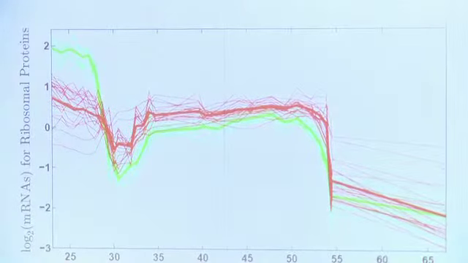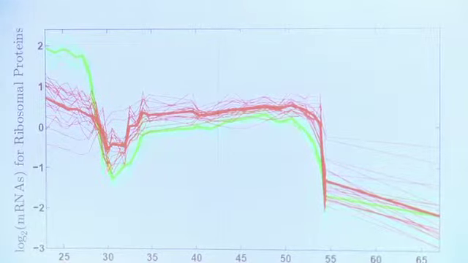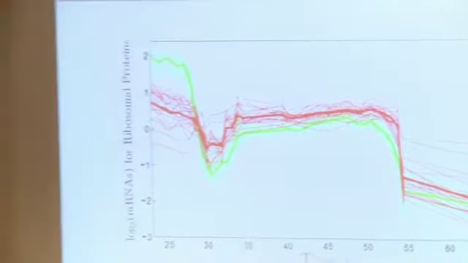And here I'm showing the data for the large ribosomal proteins that they have color-coded to show that there are two distinct classes. Some of them are expressed very highly during aerobic glycolysis, the fast growth, and they go very low when cells get hammered and go up a little bit, and so on.